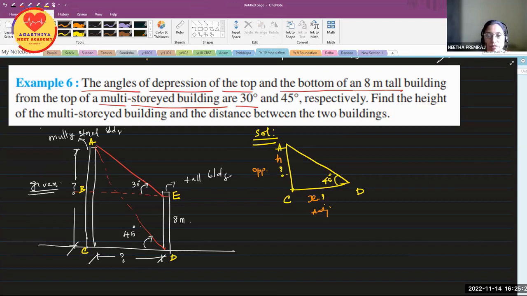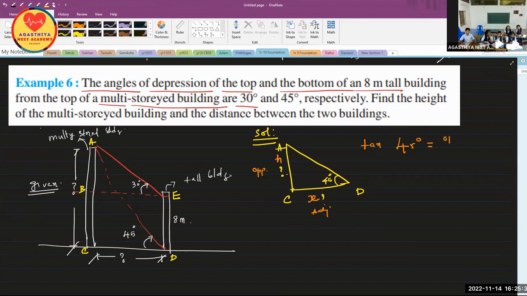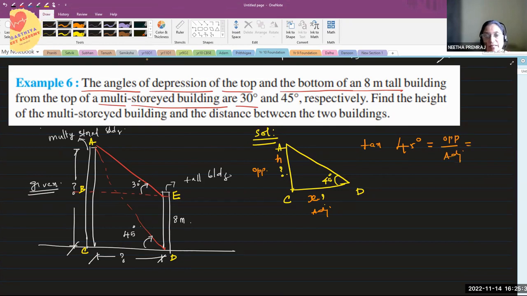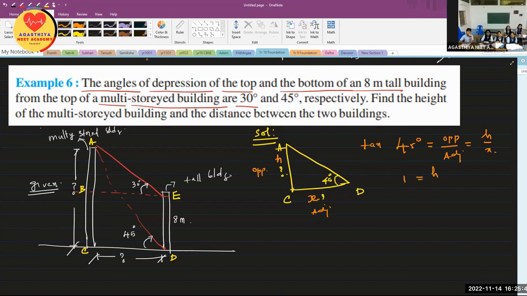Again, we have to use tan. So tan 45 equals opposite by adjacent, that is H by X. Tan 45 is 1, so 1 equals H by X. So X is equal to H.